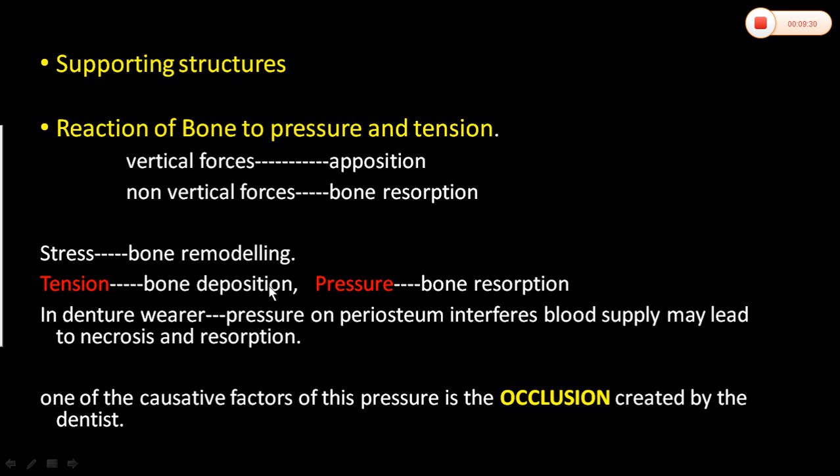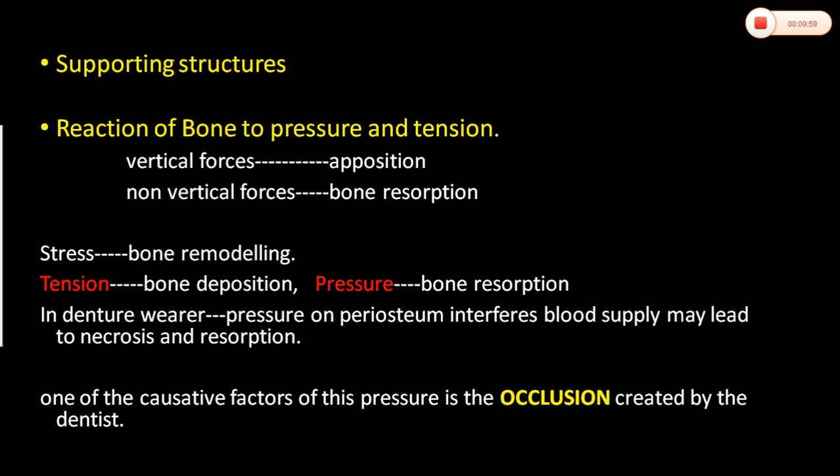When natural teeth are there, because of periodontal ligament stimulation, tension type of stress happens on the bone and leads to bone deposition. When there is a lack of teeth in an edentulous patient, the stress will always be pressure type.